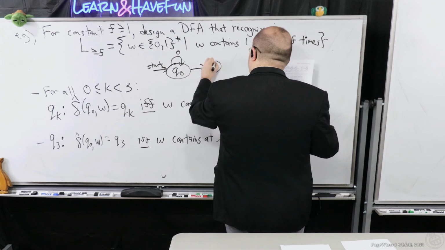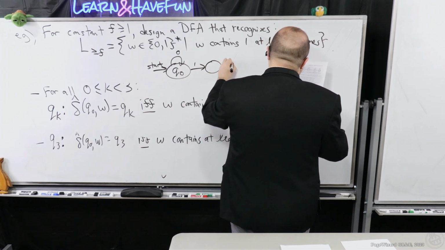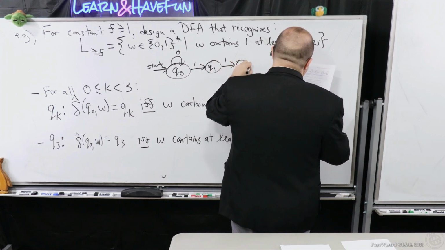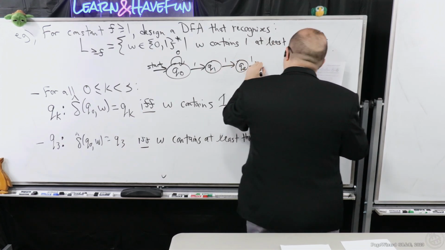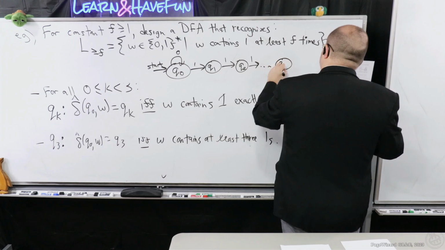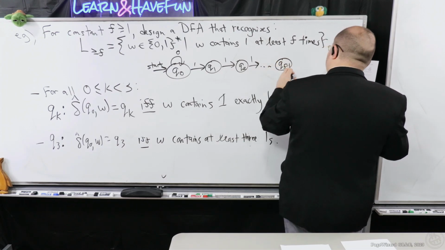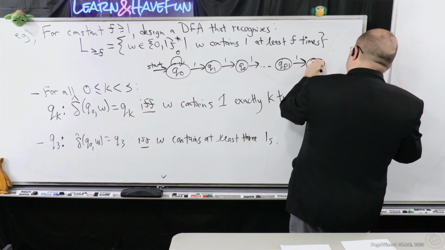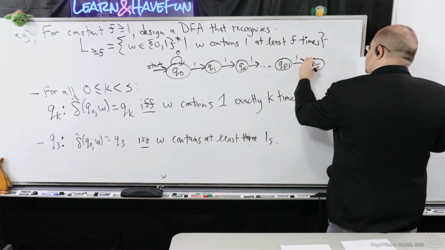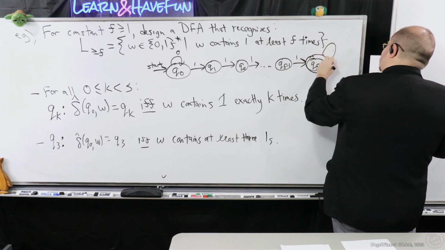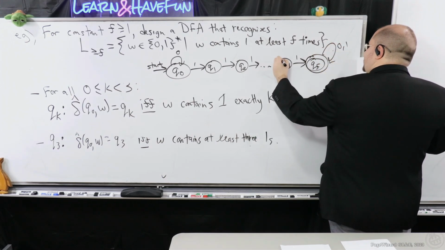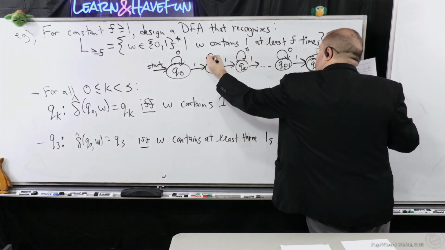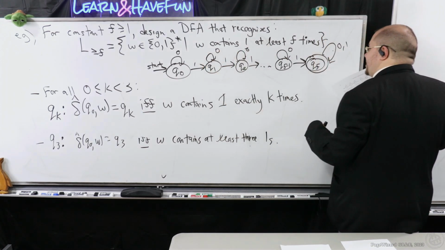So I'm going to have a pathway of 1s all the way up to state qf minus 1, with qf like this. Qf is going to be the final state. You can keep reading 0s and 1s. Got a 0, 0, 0, like this.